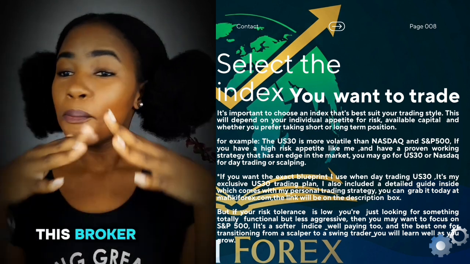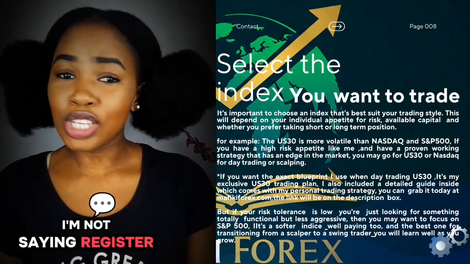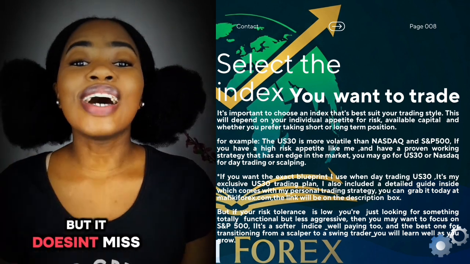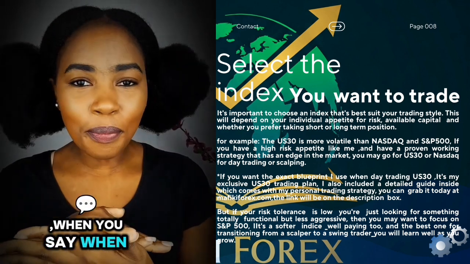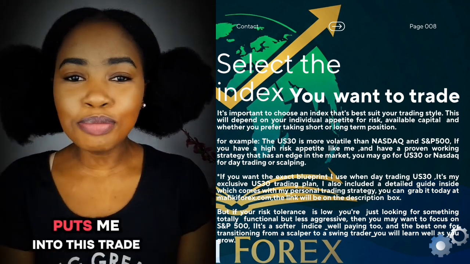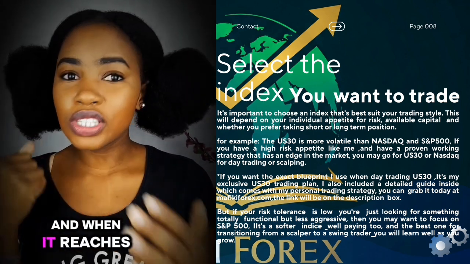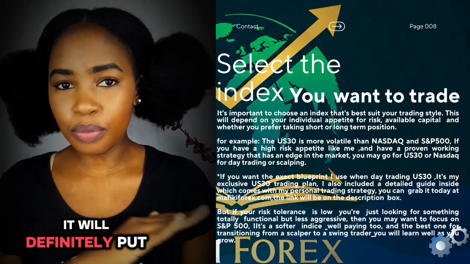But this broker, I'm not saying register your account with this broker. You don't have to do this if you don't want to, but it doesn't miss. When you say, when the price gets here, put me into this trade, it will definitely put you into the trade. And when it reaches your target, it will definitely put you out of the trade.